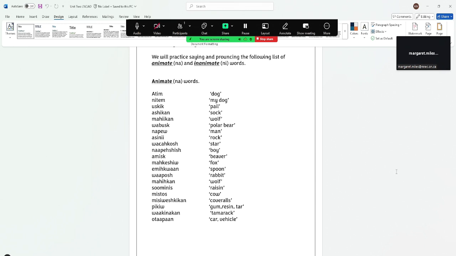For example, on the animate list, you would not say beta atim, but you would say peso atim.